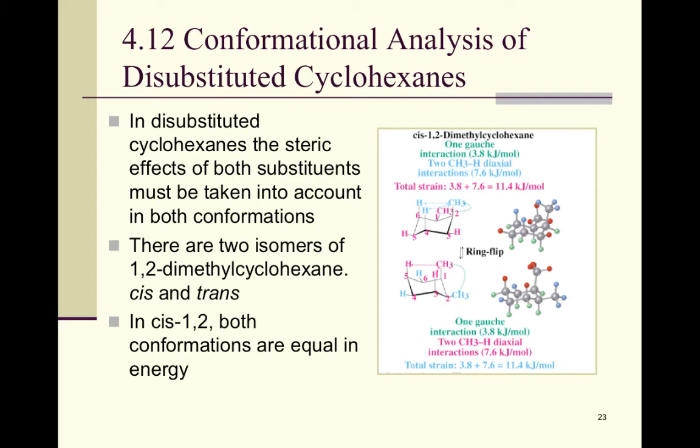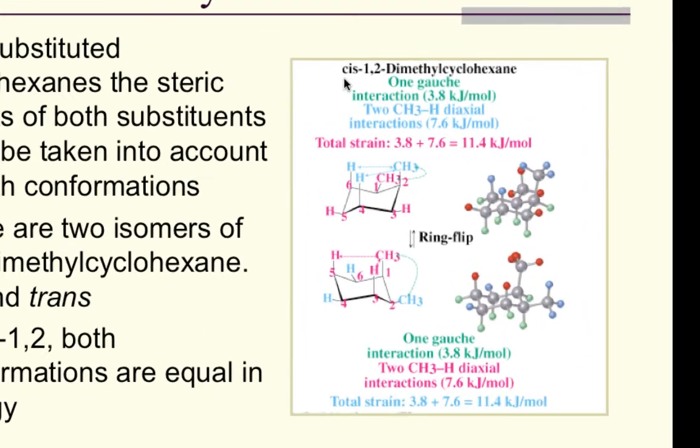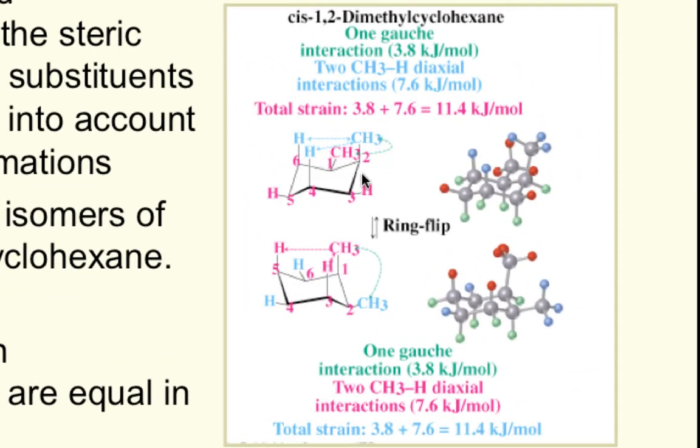One of them is in the cis conformation, and the other one is in the trans. For this slide, let's take a look at the cis conformation first. We're going to look at it when our two methyl groups, and remember this is a 1,2-dimethyl, so they're on adjacent carbons, and they're cis to each other, meaning they're on the same side of the ring.